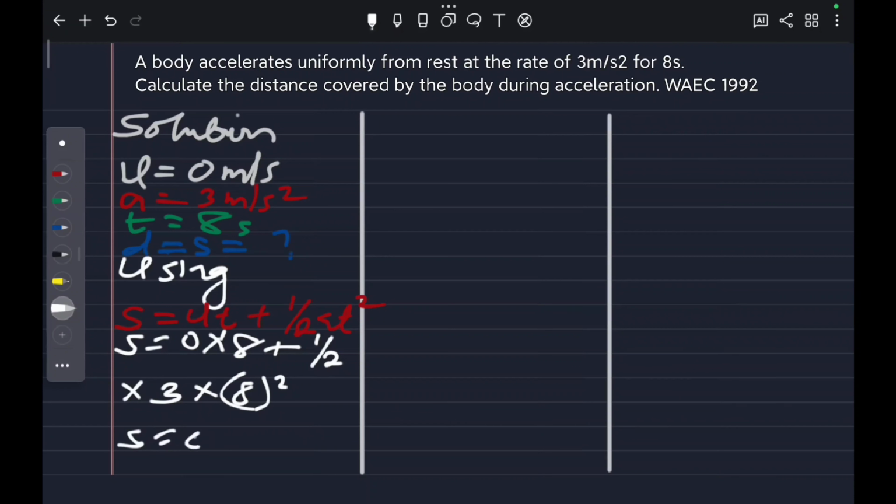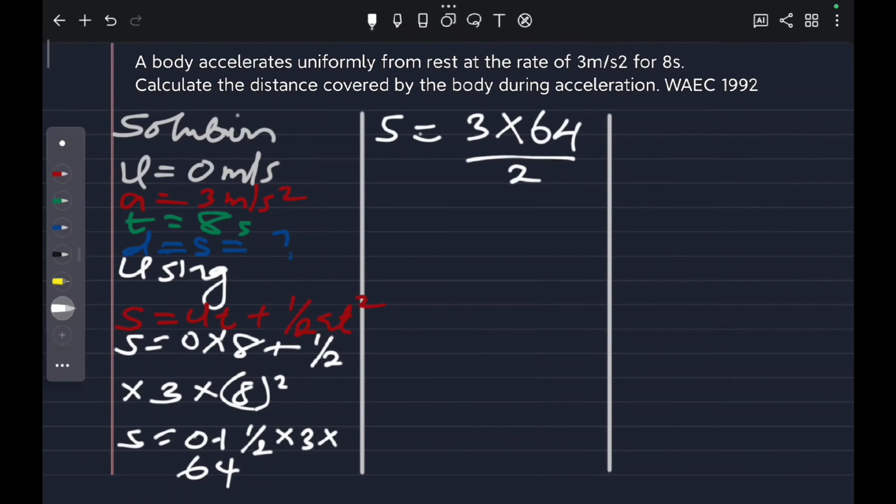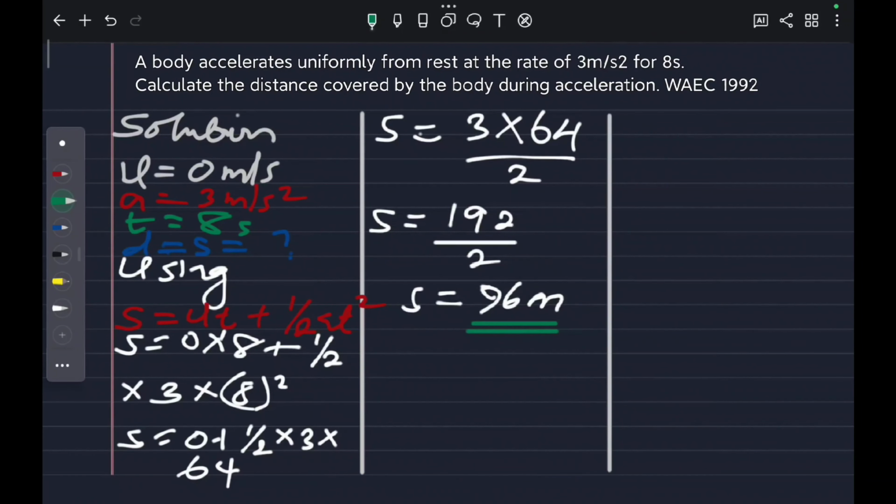So that our distance is equal to 0 plus half multiplied by 3 multiplied by 64. So that our distance is equal to 3 multiplied by 64 divided by 2. So that our distance is equal to 192 divided by 2. So that our distance will now equal 96 meters.